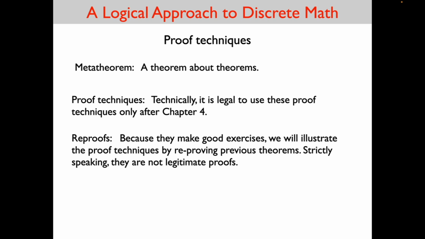On the other hand, I have tried my darndest to have good exercise sets, good proofs of theorems that we haven't learned before, but it's just so hard to do. So I'm going to introduce what I'm going to call a reproof. Because they make good exercises, we will illustrate the proof techniques by reproving previous theorems.